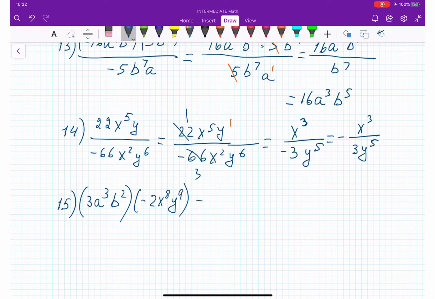Interestingly enough, all I can do is multiply 3 times negative 2. And that's it. Why? Negative 6. Because the rest I have a, b, x, y. I don't have the same base. All 4 bases are different. Therefore, what am I going to do? I'm just going to leave it the way it is. Negative 6, a to power 3, b to power 2, x to power 8, y to power 9. And that's all.